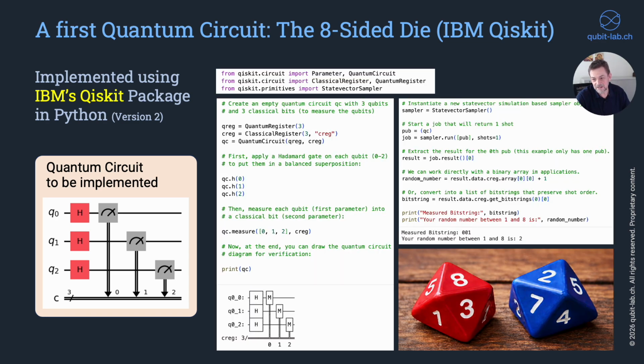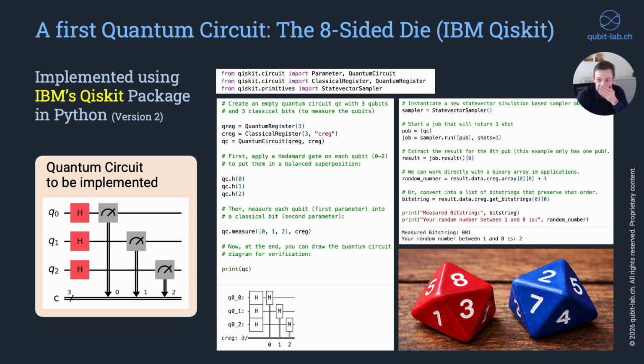We get this kind of super simple code. We first import the required classes. Then we define the quantum and classical registers, 3 qubits and 3 classical bits. Next, we build the circuit gate by gate, apply an H gate to each qubit and then measure each qubit into its corresponding classical bit.